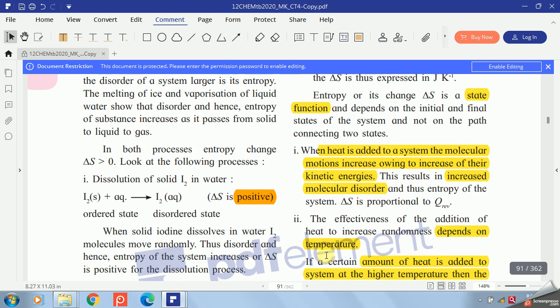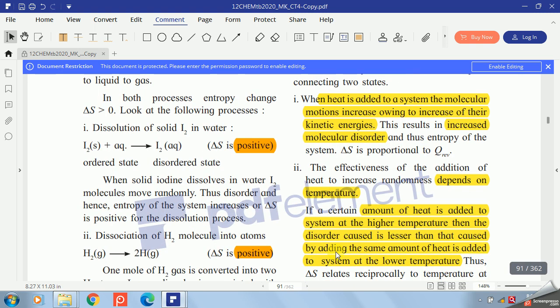The effectiveness of the addition of heat in increasing randomness depends on the temperature. Consider the amount of heat added to the system at higher temperature: the disorderness produced is very small.